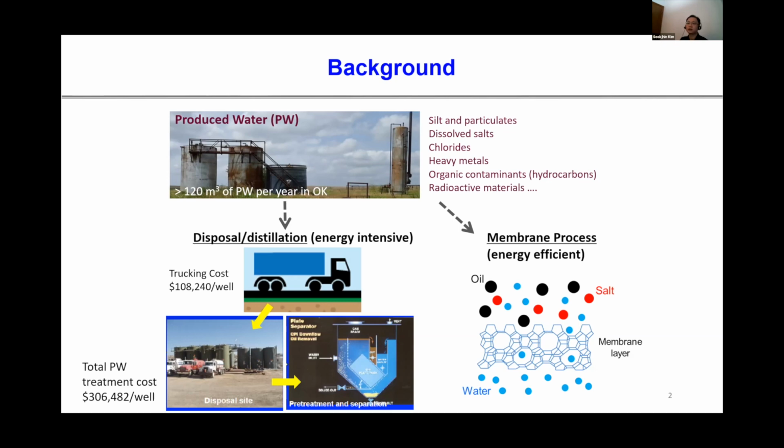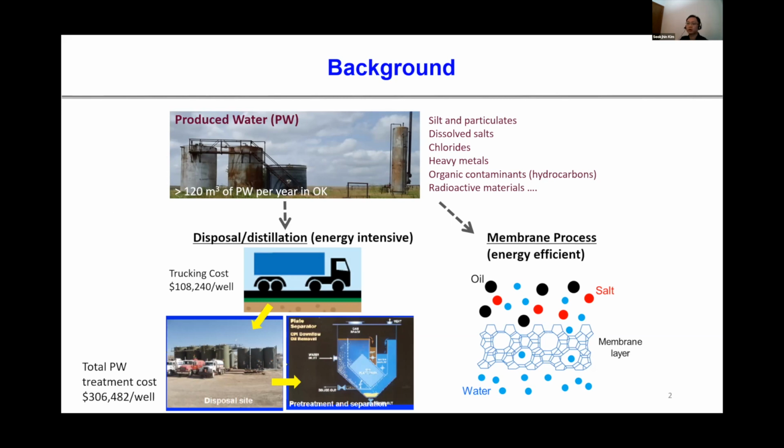So simple distillation of produced water is feasible, but the injection or trucking is expensive and energy intensive. So there is a cost. In order to reduce the injection volumes and earthquake concerns, an alternative management of produced water is needed.